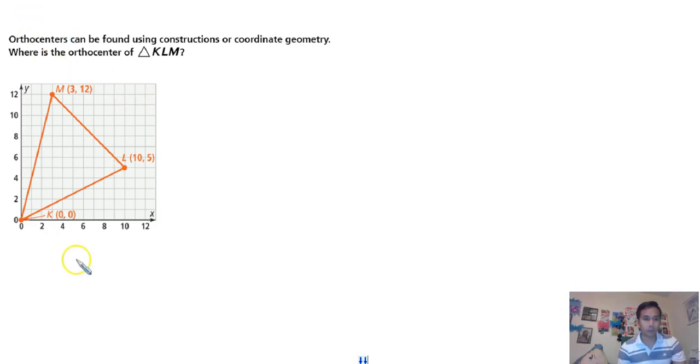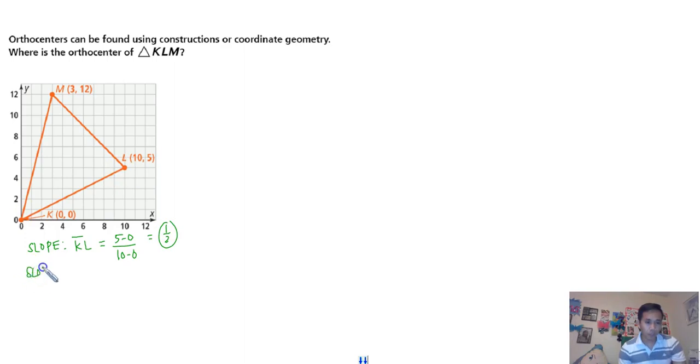So I'll be doing the slope of, maybe I'll do KL, this one. The slope is equal to (5 minus 0) over (10 minus 0), which is equal to 1/2. Okay, the slope of this one is 1/2.